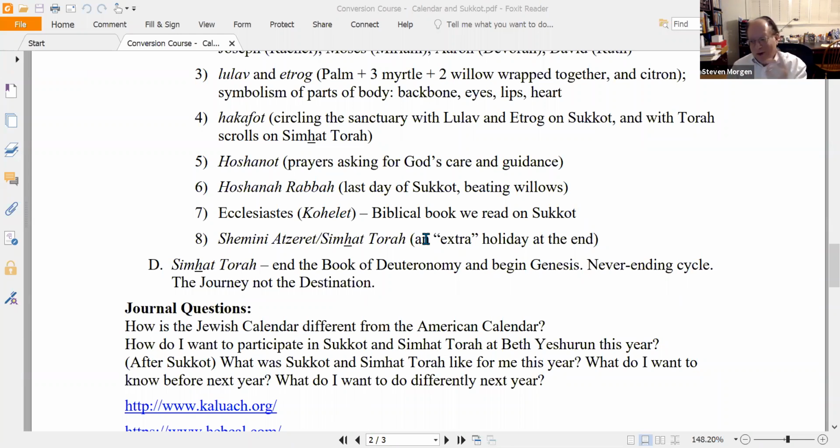And the last time, what we used to do, and hopefully next year we'll do again, parents, adults bring bags of candy, and the kids come with empty bags, and they circle around the sanctuary and collect candy from everybody. So it's like a Jewish Halloween, so to speak, but celebrating the Torah with sweetness so that the kids get excited about that. And we give them little Torahs to dance with also. So that's the festival of Simchat Torah.